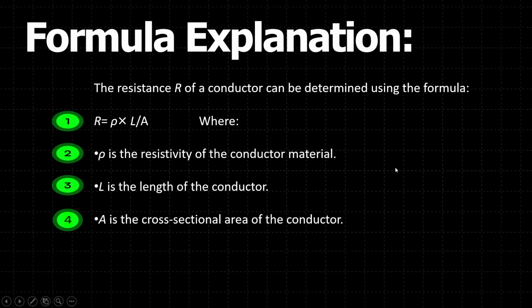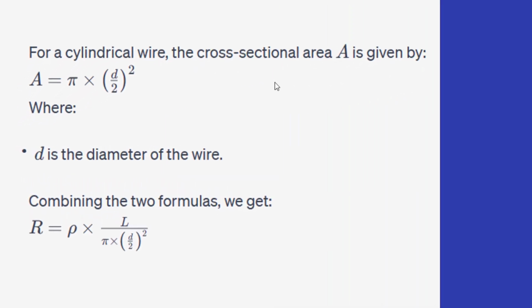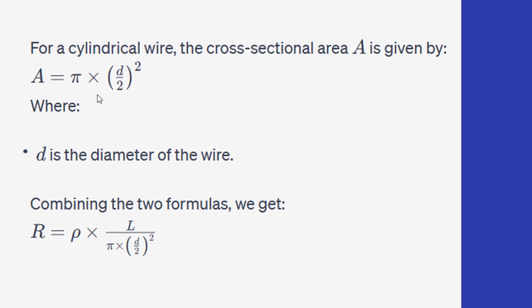To solve this problem, we are using the formula R equals rho into L upon A. We know that cross-sectional area A is given by A equals pi into D by 2 whole square, where D is the diameter of the wire.